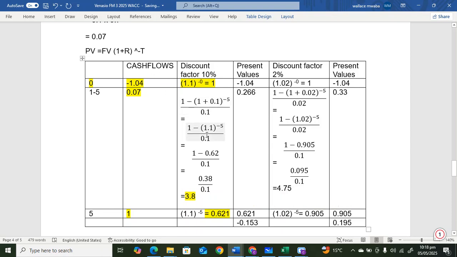When you get your present values, you add them up. So here we got negative 0.153. Any questions?